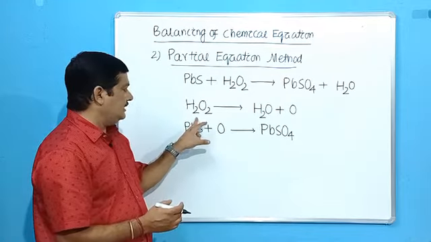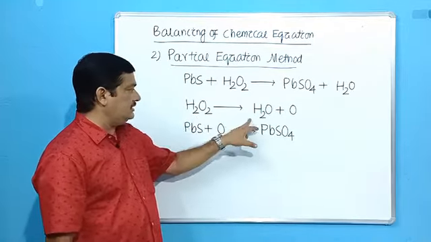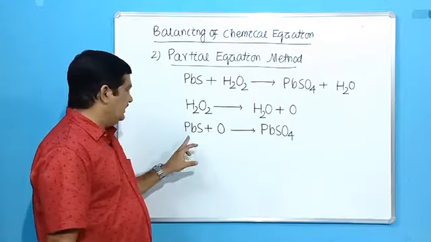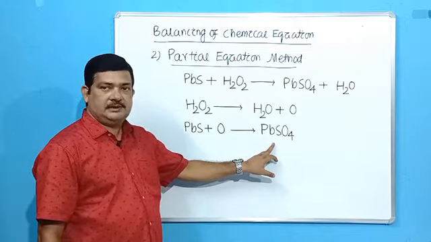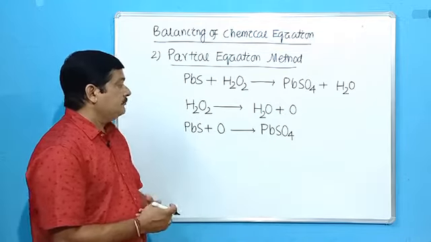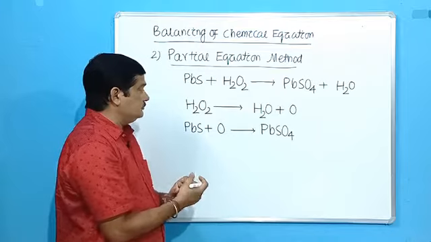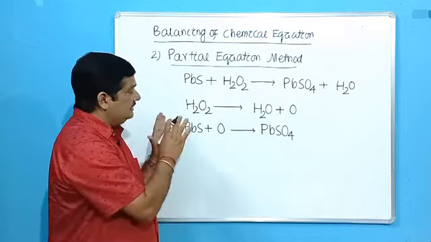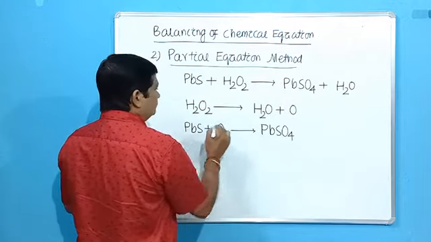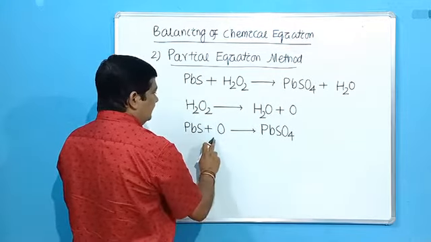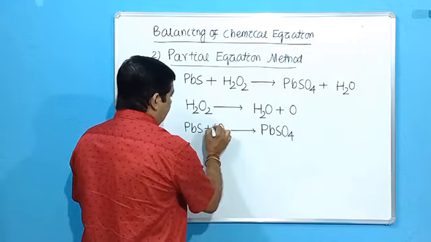See the two steps: first one, hydrogen peroxide gives water and nascent oxygen. Then lead sulfide reacts with nascent oxygen to produce lead sulfate. So while breaking it into multiple steps, we have to keep in mind one thing, that these two steps are balanced. So this is already balanced, this we will make it 4O.